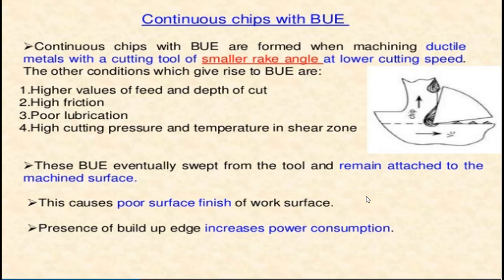This BUE eventually gets swept from the tool and remains attached to the machined surface. This causes poor surface finish of the workpiece. The presence of built up edges increases the power consumption, which is also not desirable.